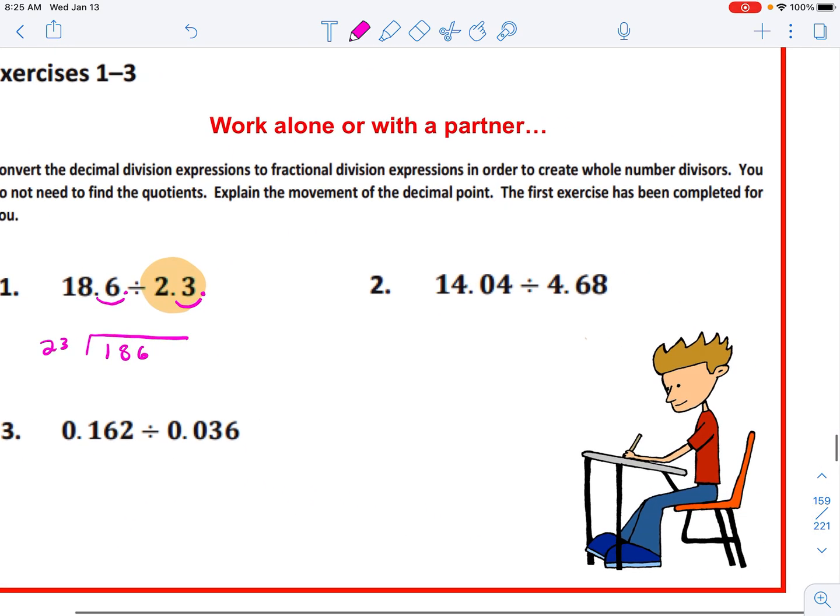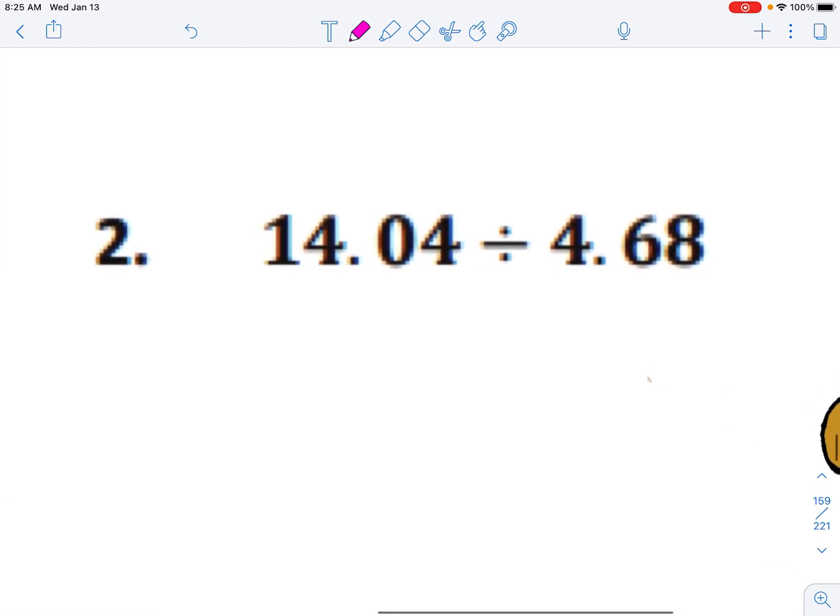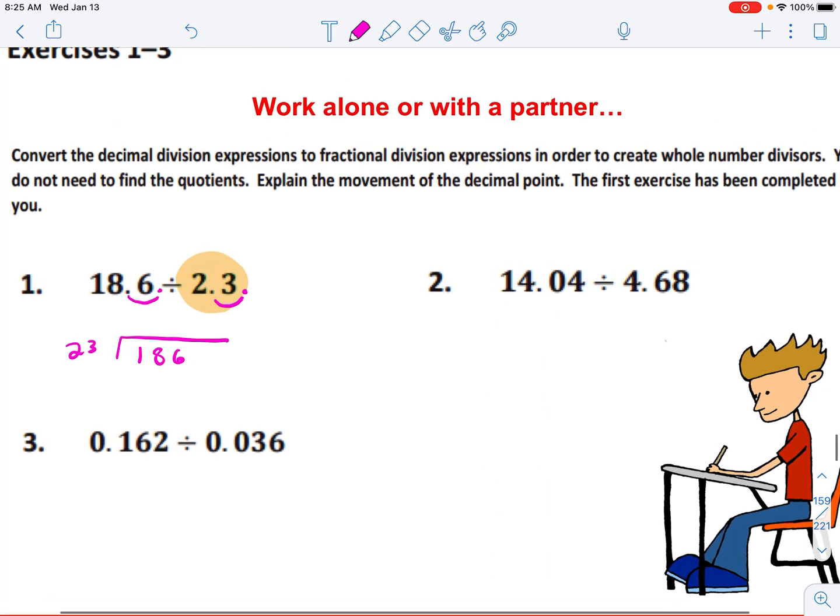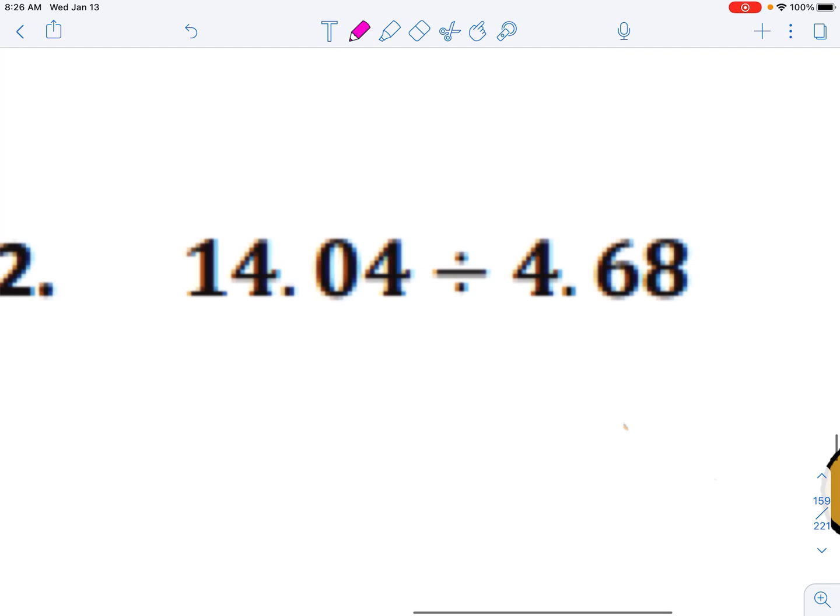Okay, so now let's look at number 2. Do you notice a difference between number 2 and number 1? Well, yeah, they're both in the hundreds place. Okay, but it doesn't change our rule. We still need to make the divisor a whole number. Okay, the dividend doesn't always have to be a whole number, we just always have to match how many times we move the decimal in the divisor as well.